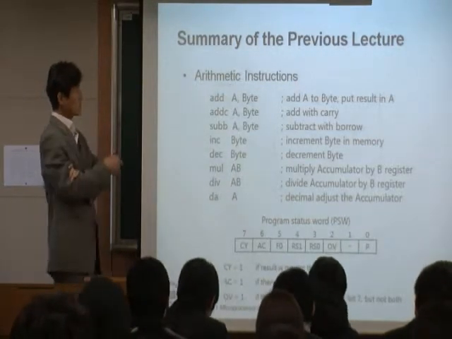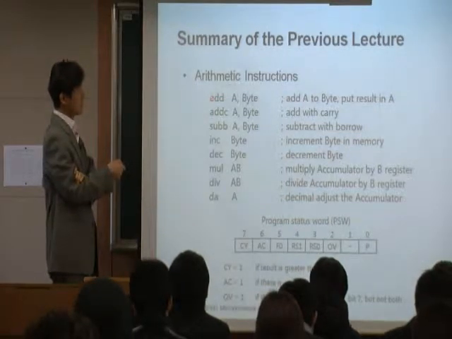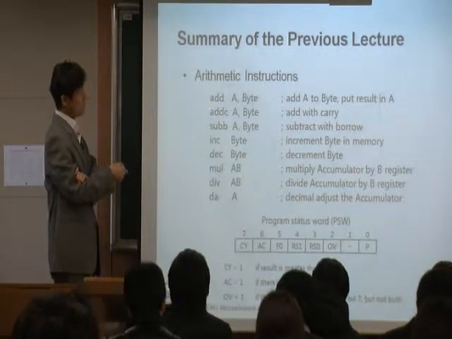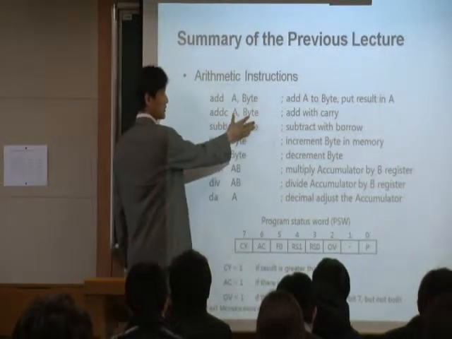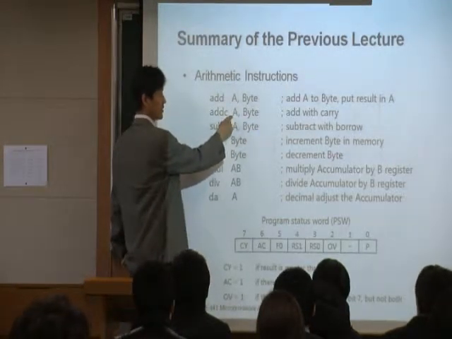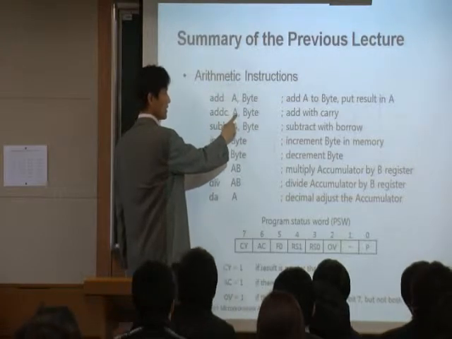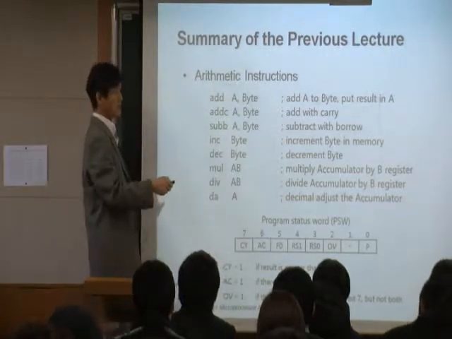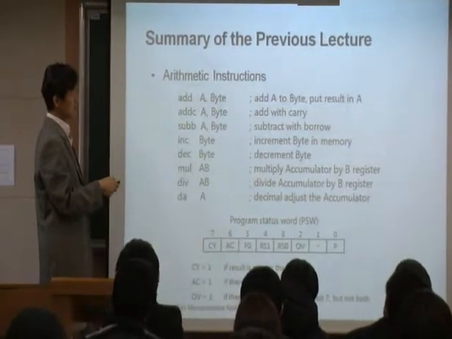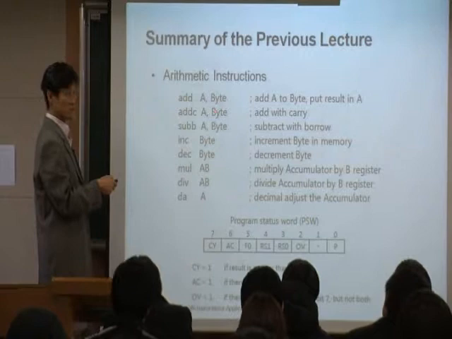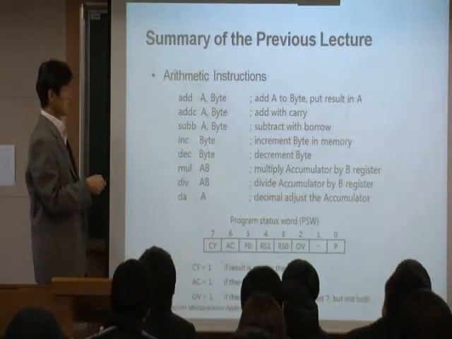These are arithmetic instructions. You have add, and in the case of add, you have add C also, which means that you are adding these 2, and the result of the addition goes back to A, accumulator, plus C in this case. Okay? You also consider carry. In addition to adding these 2, you also add carry.